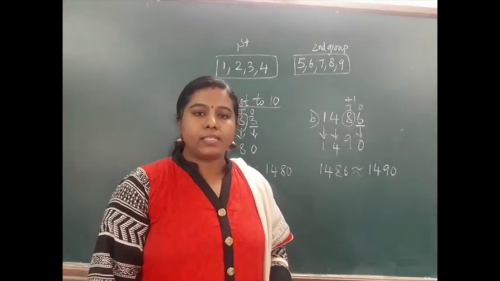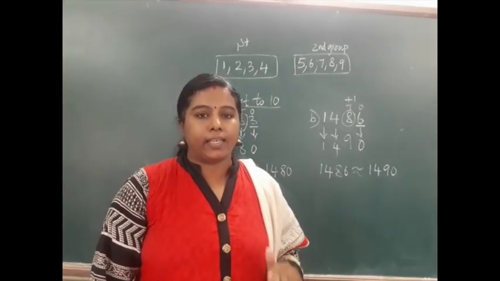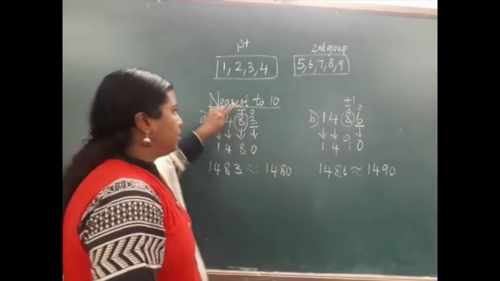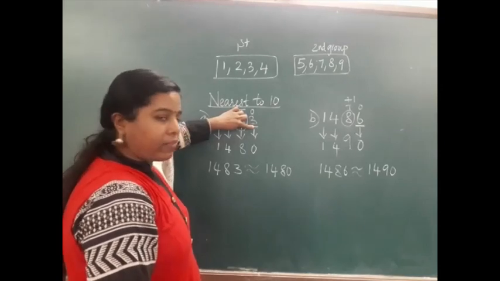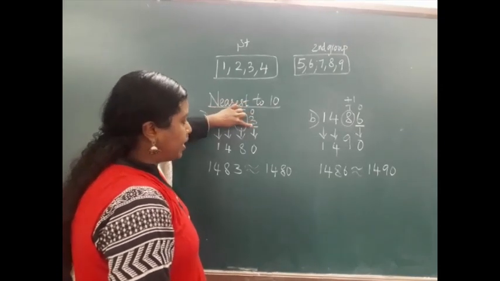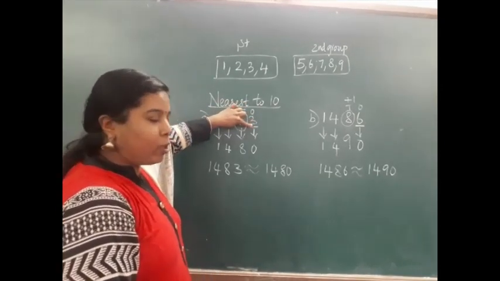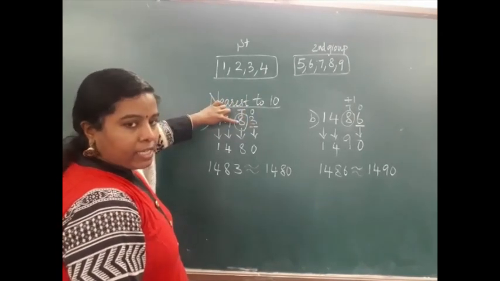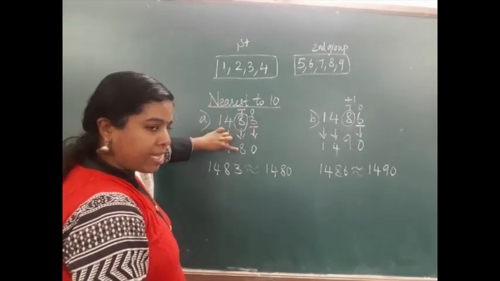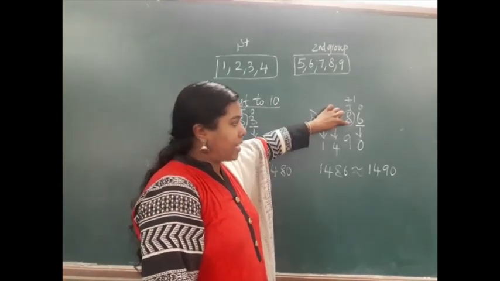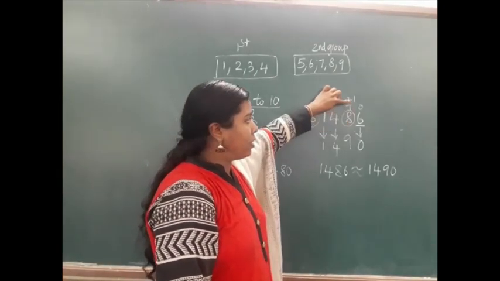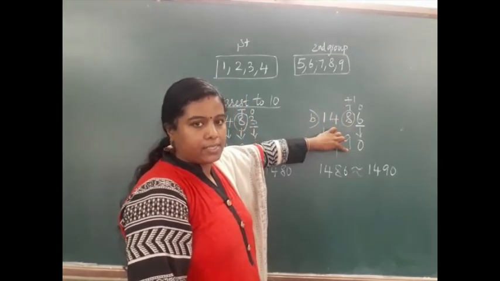So I will repeat the steps. The first step is circle the digit at the given place. Then the second step is underline the digit to the right of it. If the right side digit is below 5, we will write the circled digit as it is. If it is above 5, we will add 1 to the circled digit.